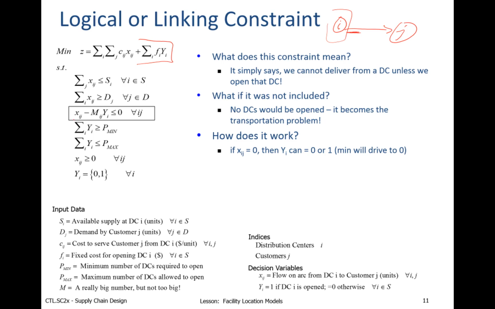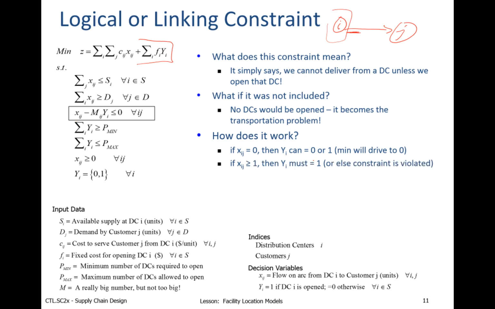Well, if it's 0, then I'd have 0 minus this M, and we'll talk about it, but just assume right now it's a really big number. So 0 minus a big number times y is less than or equal to 0. So y could actually be any number at all, and it would satisfy this constraint, which means that y would be forced down to 0. So if there's no flow, then it's going to go to 0.